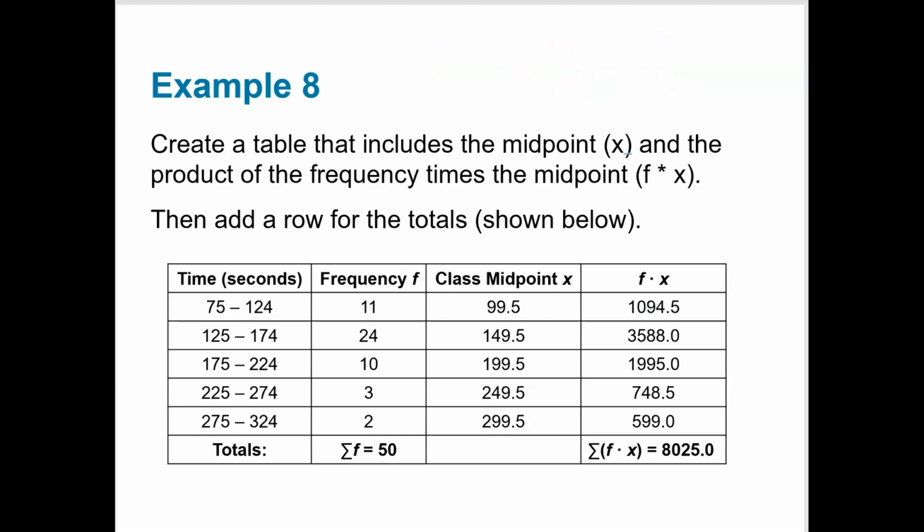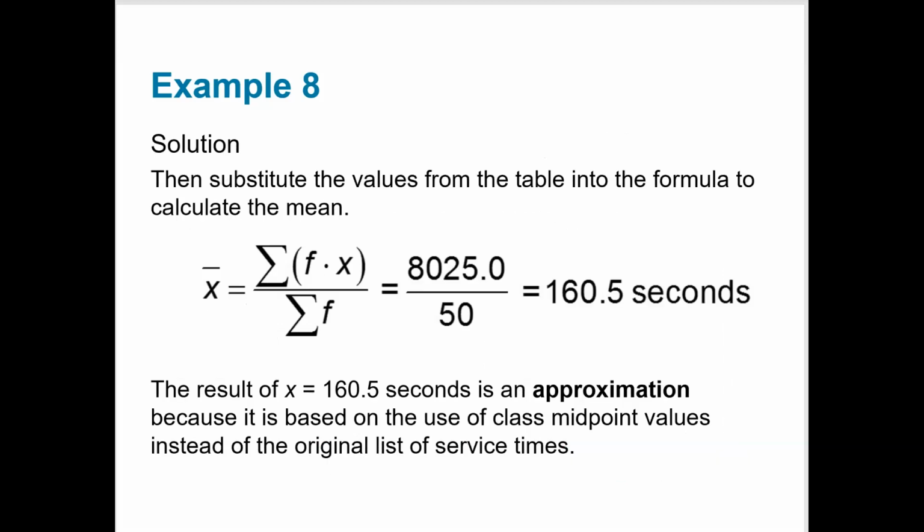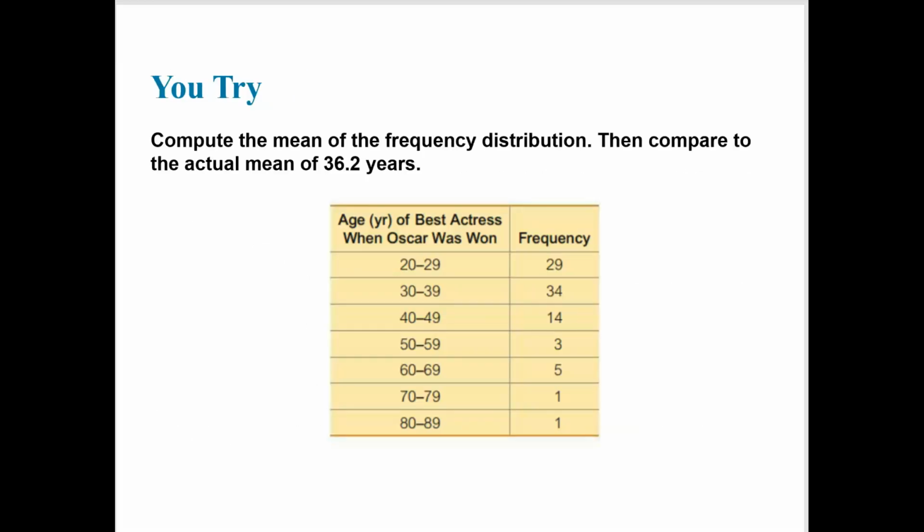So then I use this value and this value in the formula, and I get the mean from the frequency distribution. Now, this is an approximation because I used the class midpoints and I didn't use the original list of service times. So you go ahead and give it a try. I encourage you to build your own table and press play when you're ready to see the answer.